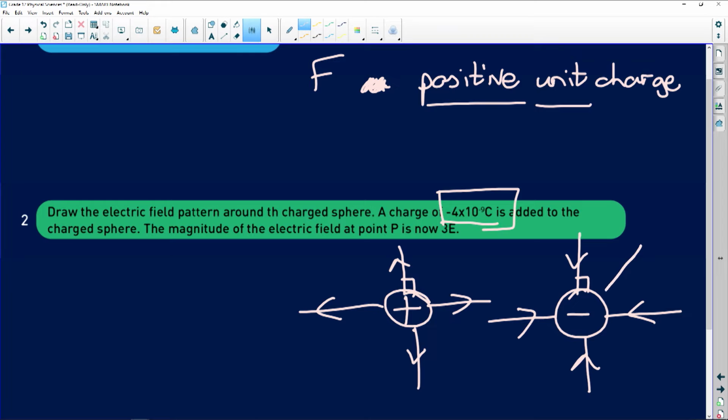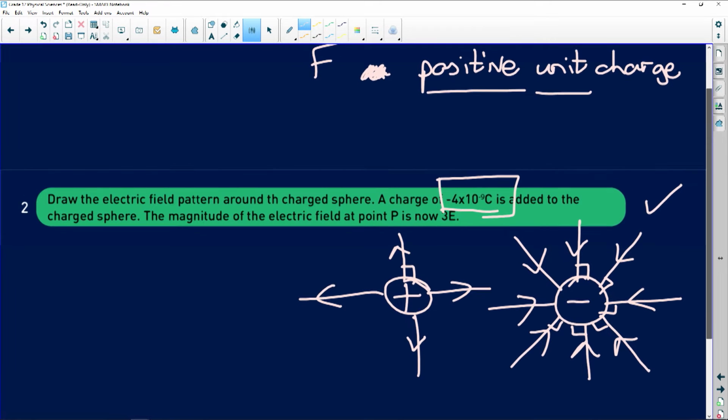You could put in a couple more lines than what we have done, and that would give you the marks. The direction of the electric field is moving towards the charge, and the lines need to touch the surface, always entering or leaving the surface at 90 degrees. Those are easy marks.